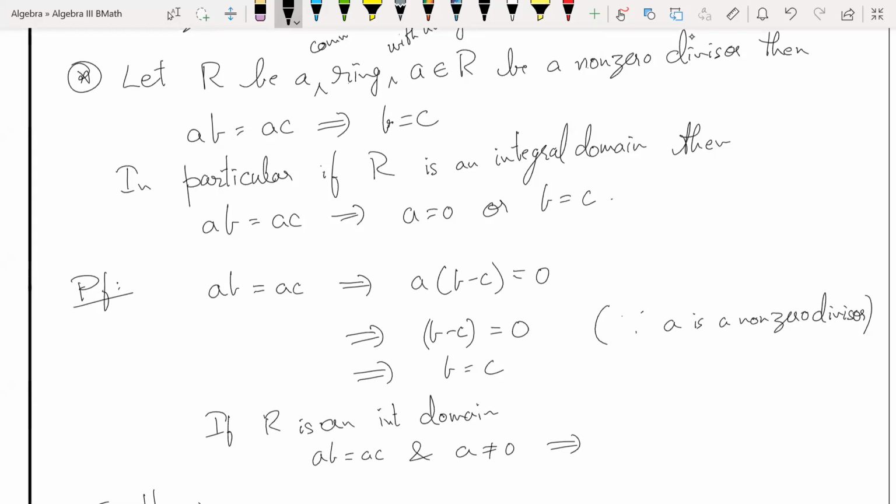These two are equivalent in the logical sense. So either A is equal to 0 or B equals C. Okay, make sense?